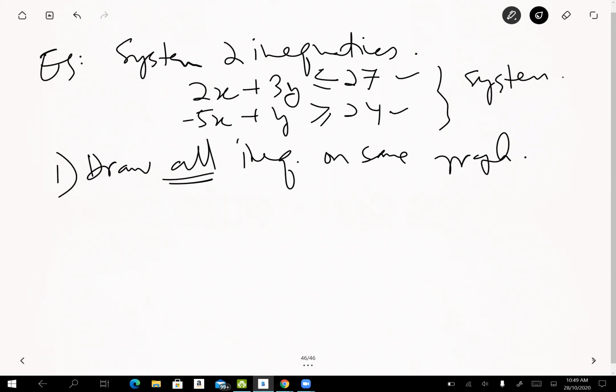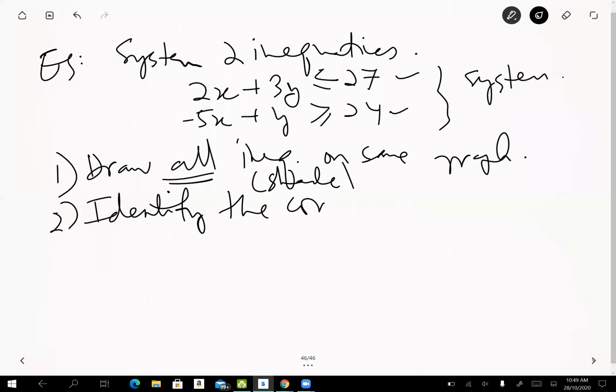Number two, of course, when you draw, you shade the region. Make sure you shade the region. And then you identify the common area, or what you call the feasible region. That would be the solution, or the feasible region. We call it FR, okay?